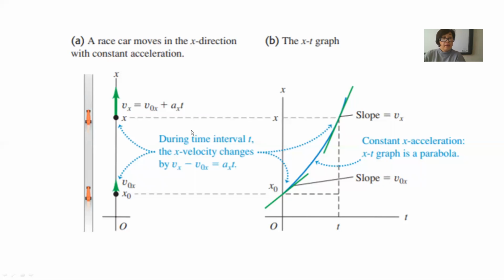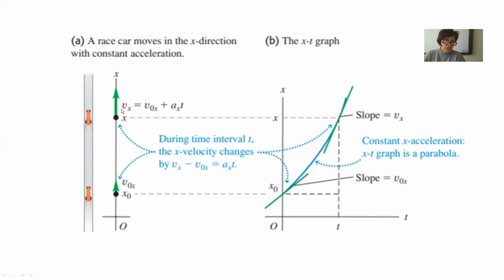Here we should write a formula for the final velocity. The final velocity will be the initial velocity plus acceleration multiplied by time.